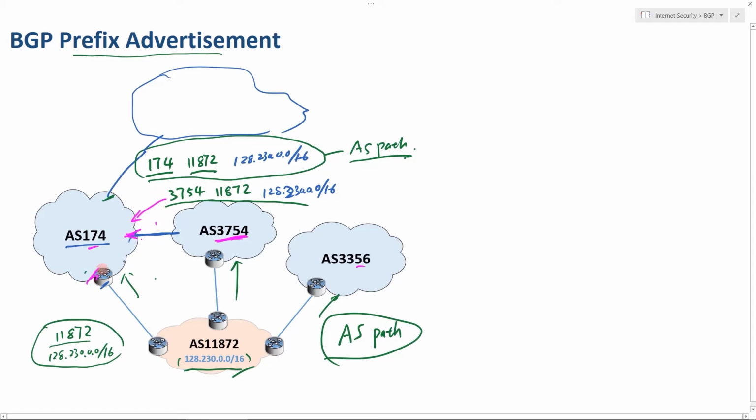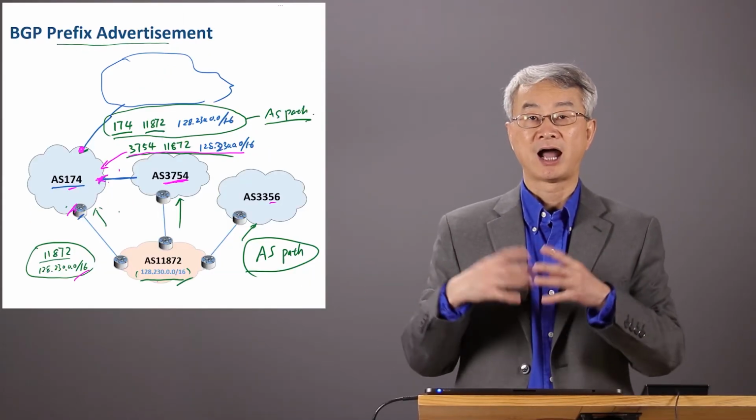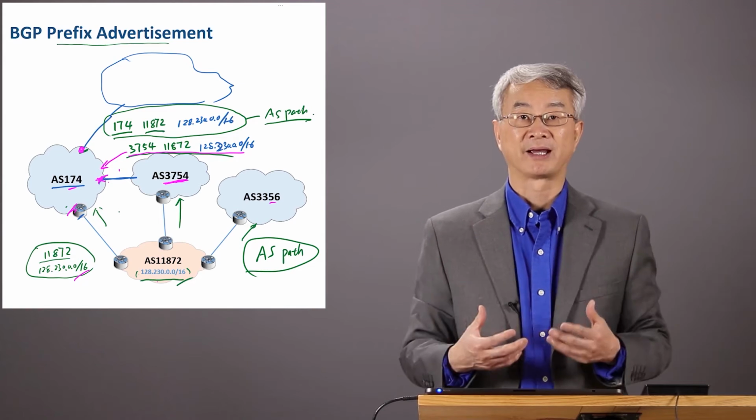So this one actually gets two, one directly from the owner and the other one from here. This one is going to pick one and then further advertise to its own neighbors. There are different criteria that we're going to talk about later on for how to pick the best path.